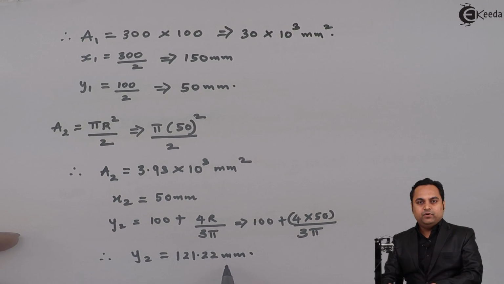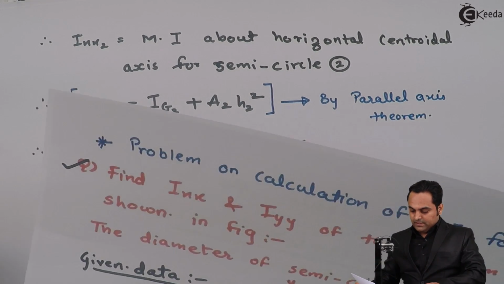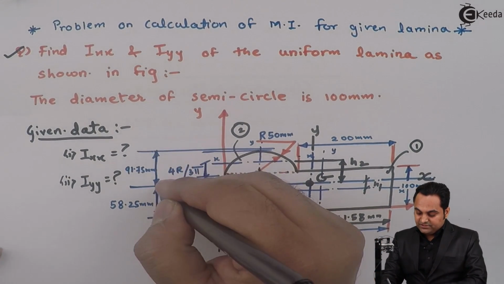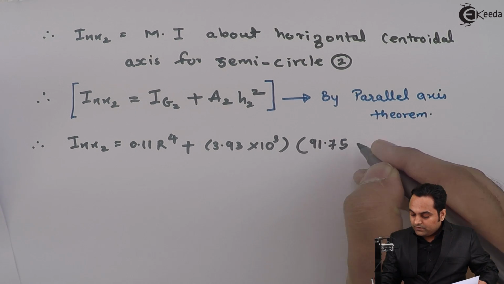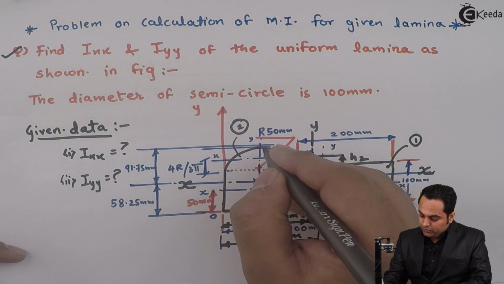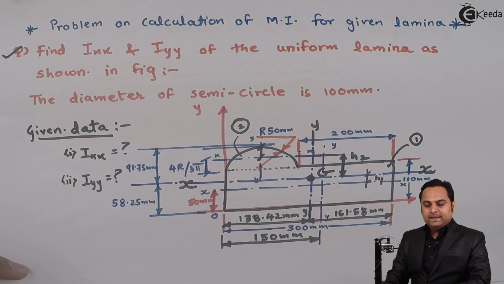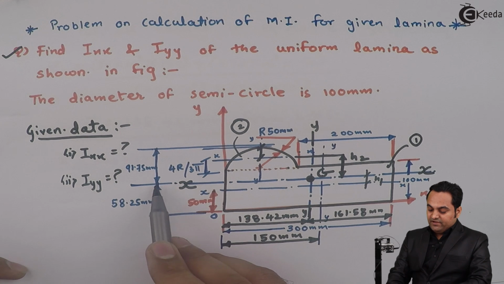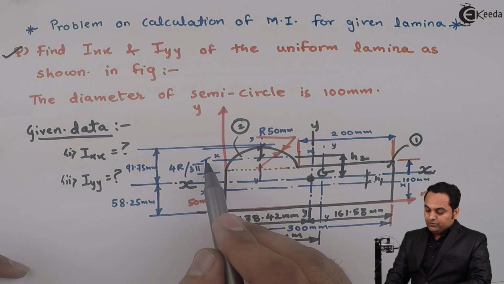So here we have y2 value 121.22 mm. And now if we see, then from 91.75 mm, here we have to subtract this small value, this height, then only we can get H2, because this is 91.75 and as we know that this distance is 4r upon 3 pi.